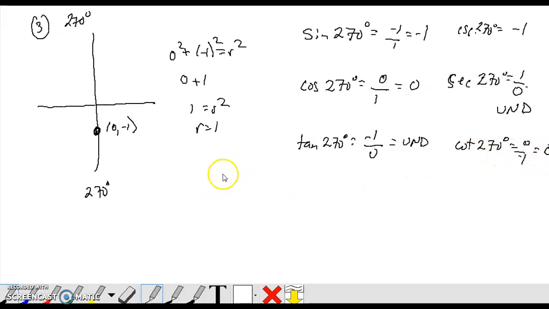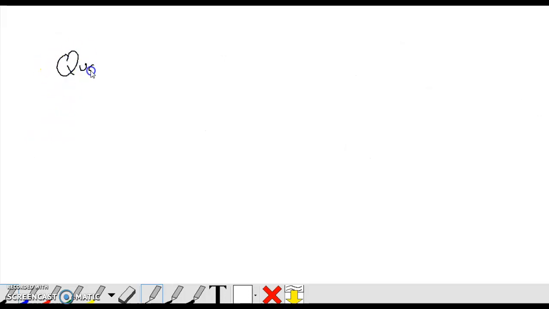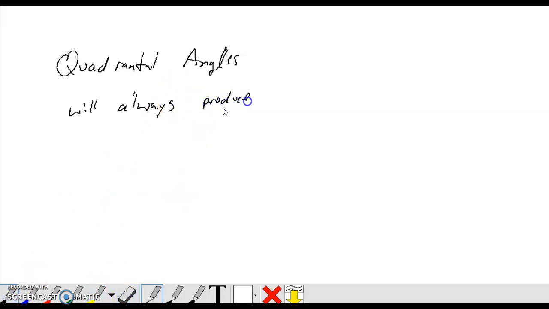So whenever you're dealing with quadrantal angles, right? Quadrantal angles will always produce 0, plus or minus 1, and undefined.